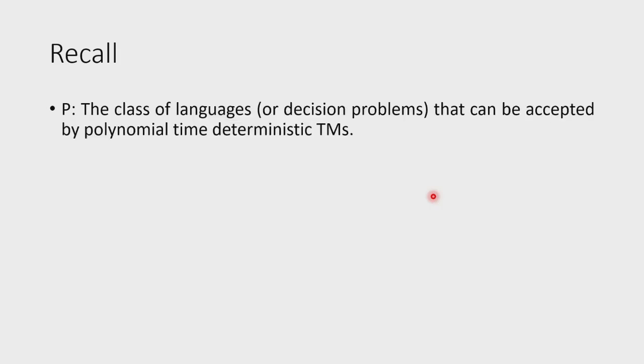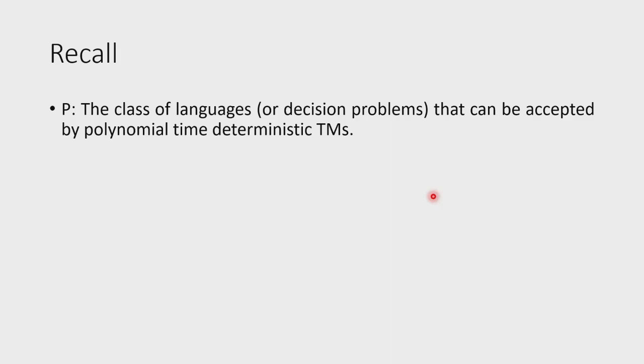It's the class of problems which can be solved by a deterministic Turing machine in polynomial time. Exactly. It's a class of languages or decision problems, both equivalent, that can be accepted or solved by polynomial time deterministic Turing machines.